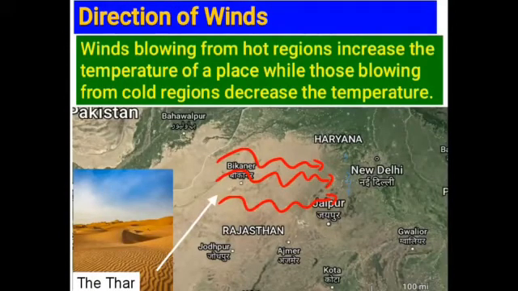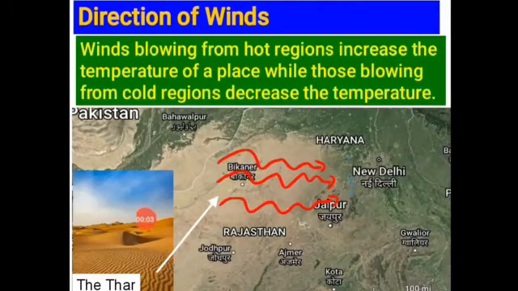The next factor which affects the climate of a region is direction of winds. Winds blowing from hot regions increase the temperature of a place, while those blowing from cold regions decrease the temperature.